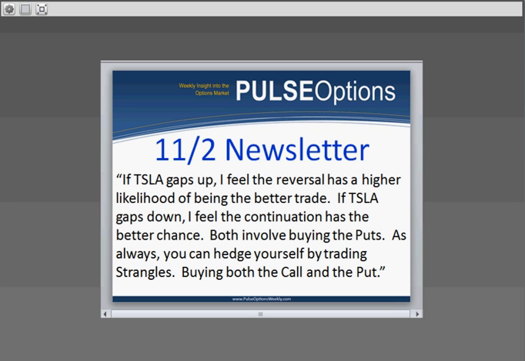Basically what I was saying, right? If Tesla doesn't gap, we don't trade it. Because if there's not enough shock to the market to gap it, there's not going to be enough shock to move it. But if it gaps either up or down, the market was caught off. And when the market gets caught off, it's not going to flatline from there.